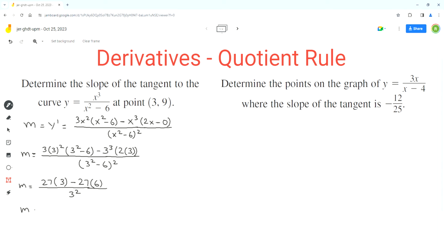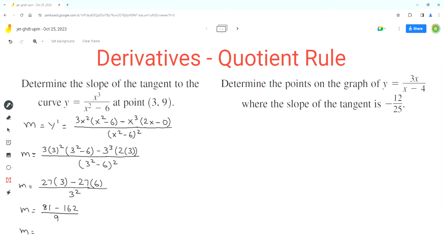Now we can simplify it further. First we do 27 times 3, which is 81, minus, then we do 27 times 6, which is 162, over 9. Now we can subtract the numbers in the numerator.